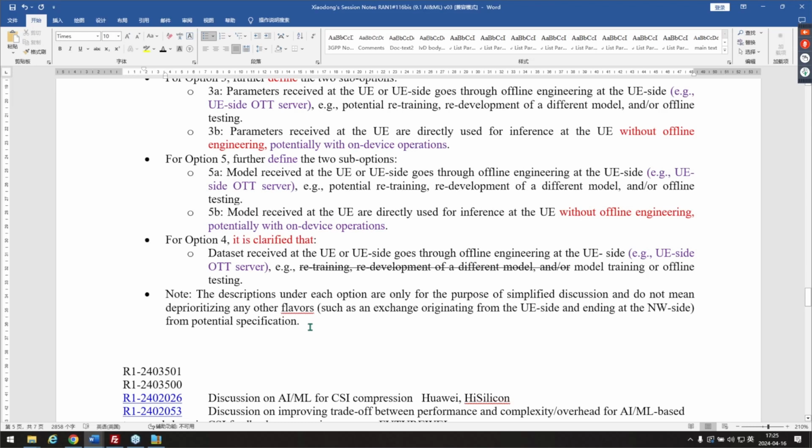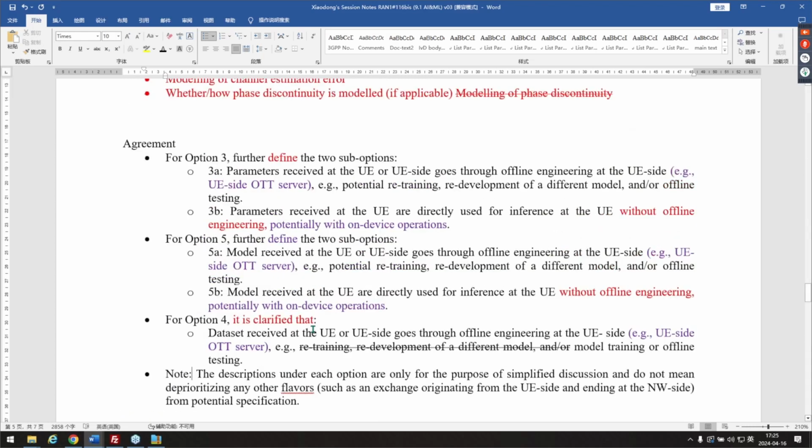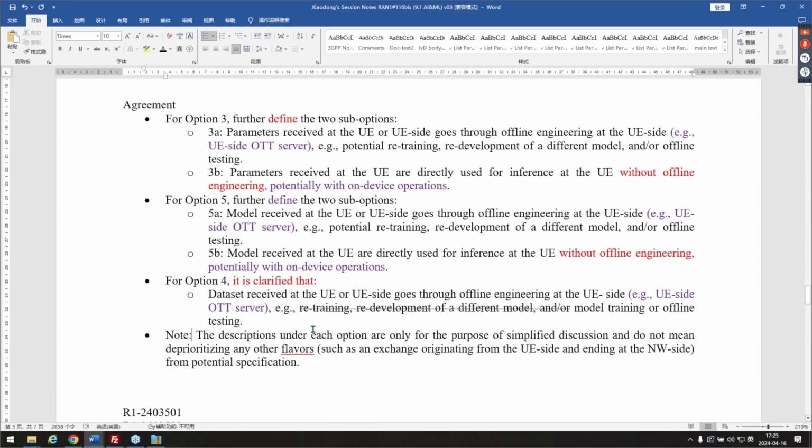If my understanding is correct, options 3, 4, 5 are getting either model parameters or data from network to UE. Okay, network side to UE side. So if the main purpose is that the network side has better parameter control and it trains the model on those things, and then it gives it to the UE for further inference or something, if it goes under offline engineering and the model parameters or model is updated, does it still serve the purpose of getting the model from network?